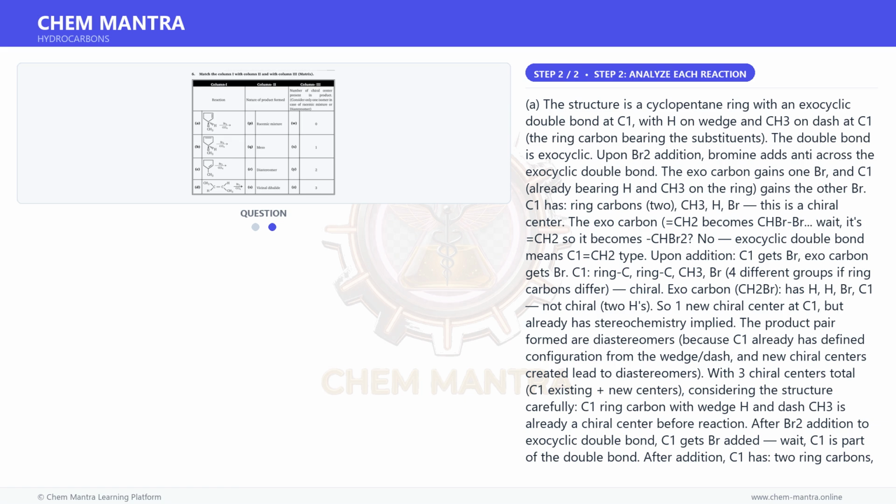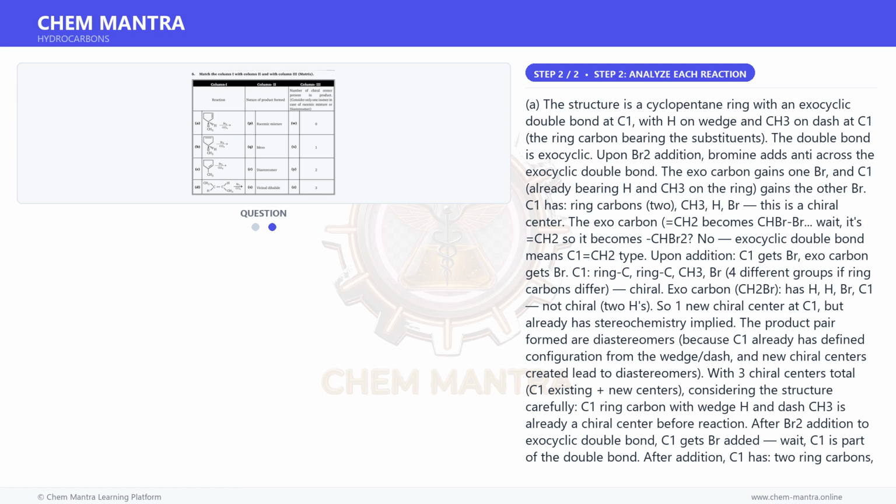Reconsider, C1 after Br addition, ring carbons C2 and C5, if the ring is symmetric, C1 has Br, C2 and C5 the same, and the =CH-CH3 side. Actually C1 has Br, 2 identical CH2 groups from the ring. C1 would not be chiral. But the answer says 2 chiral centers. Perhaps C1 becomes chiral because the C2 and C5 chains differ once Br is on C1. Actually in the cyclopentane ring, C1, C2, C3, C4, C5, C1.